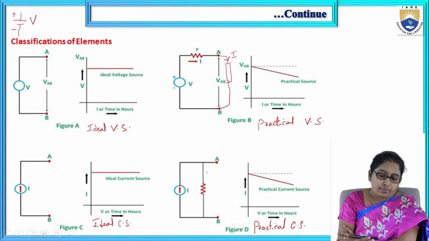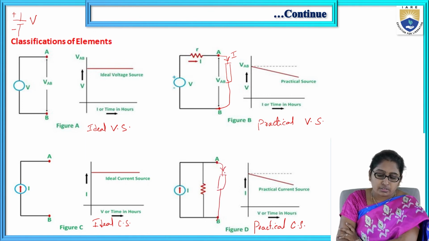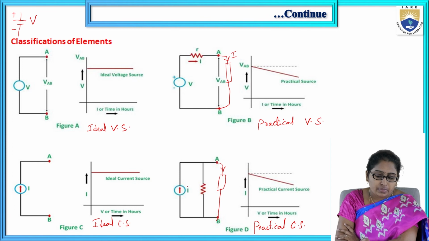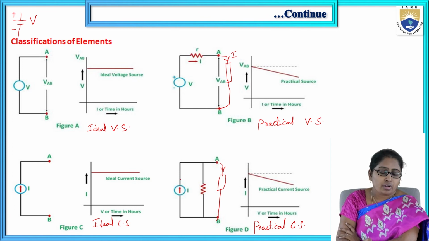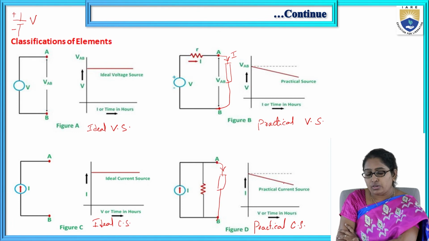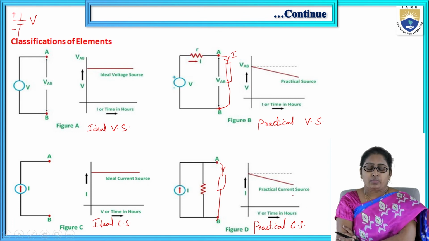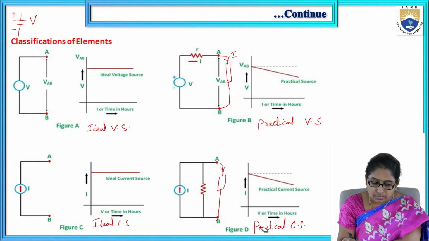If a load is connected here and you go on increasing the load, the current drawn by the load increases, and similarly the current drawn from the supply also increases. That's why there is a loss in the magnitude of the current, and it slowly falls down as you increase the load. Look at the voltage-current characteristics.